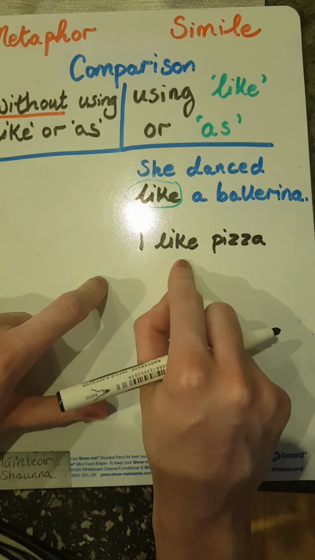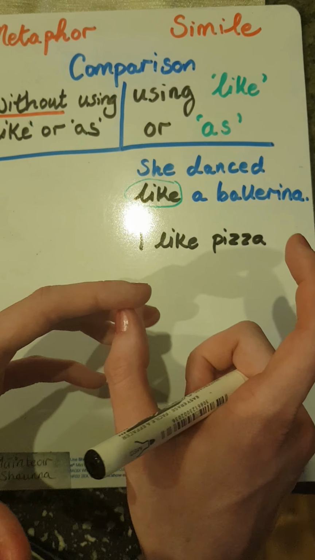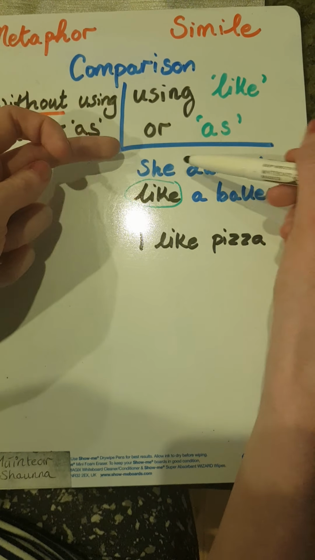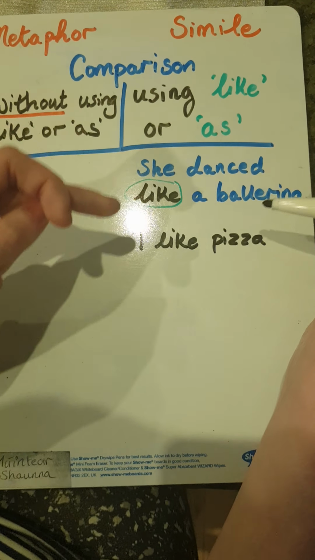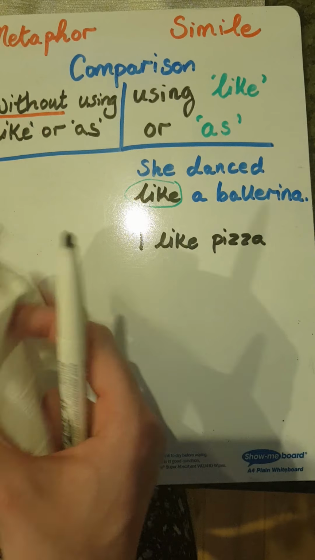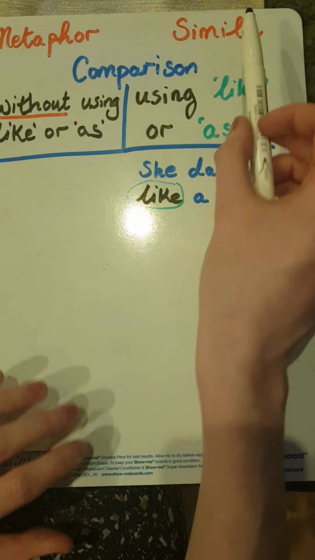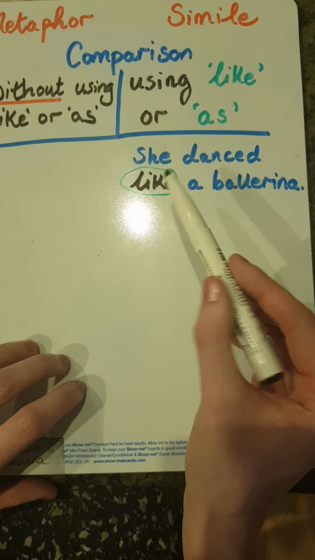Yes, I know the word like is in it, but there is no comparison in the sentence. Here I am comparing her dancing to the dancing of a ballerina, okay? I like pizza, that's a different like, all right? Like for comparison.